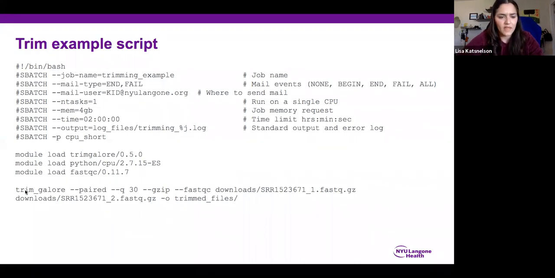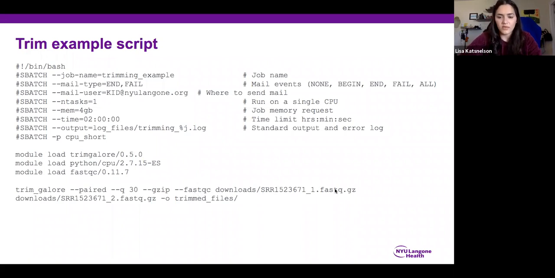And then this is the example Trim Galore command that I ran. So you start off with the first line, which is trim_galore. I told it that it's paired data. I want the Phred cutoff to be 30, the quality score. I want it to gzip the new files that it makes. I want it to run fastqc after trimming.